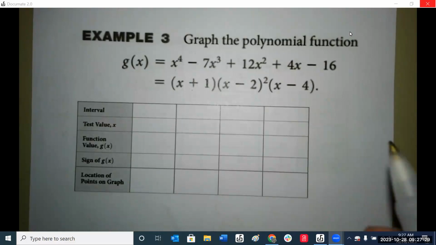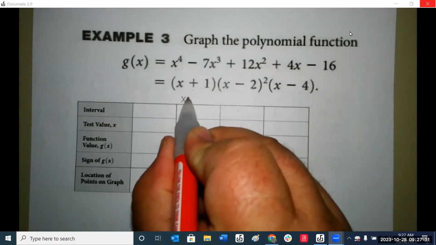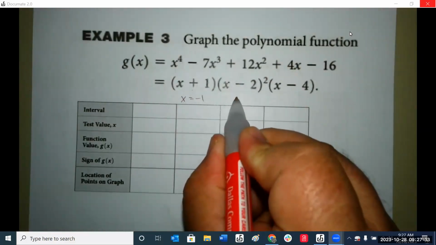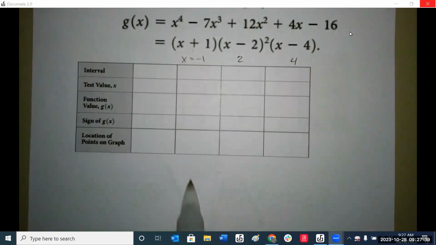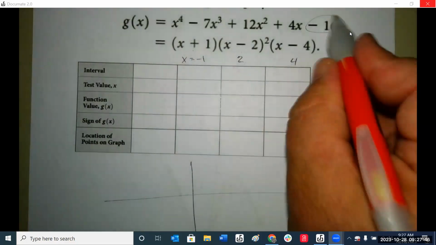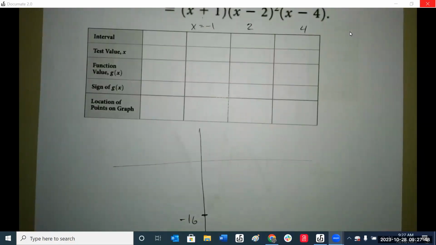So our x-intercepts are at -1, +2, and +4. And our y-intercept is at -16.